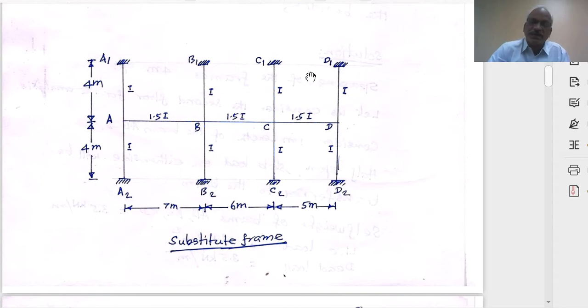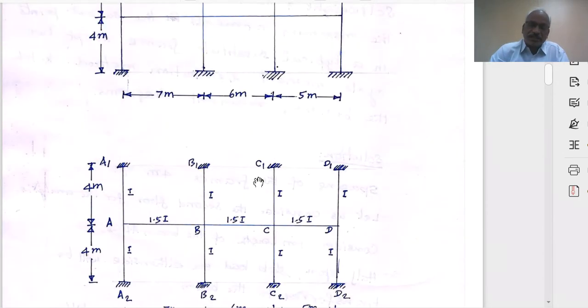Unless some specific point about the end conditions is given, we need not bother whether it is hinged or partially fixed. Unless it is mentioned, we treat the far ends as fixed. This is the frame that we are going to consider for the analysis, because we have been given only a 3-bay frame. These are all the background details required for understanding the problem.